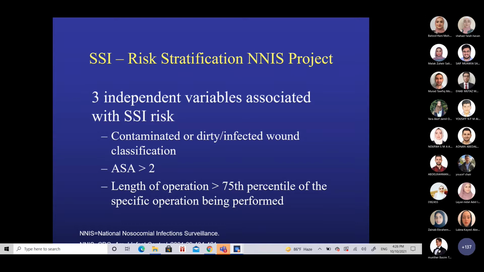Is he young, medically free, or having morbidities, uncontrolled morbidities, a moribund patient, and so on. ASA more than 2 significantly increases the risk of wound infection.